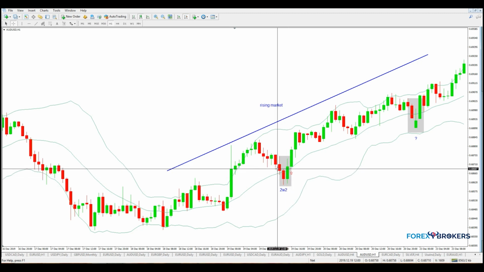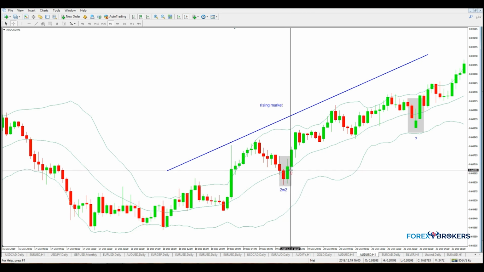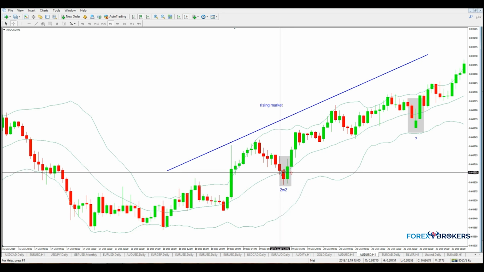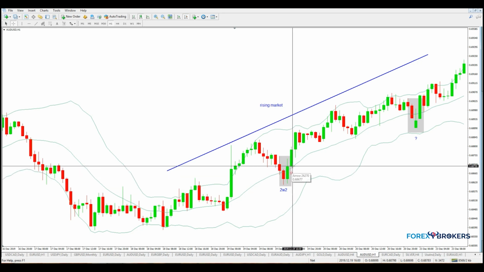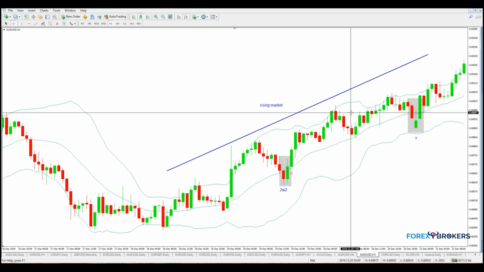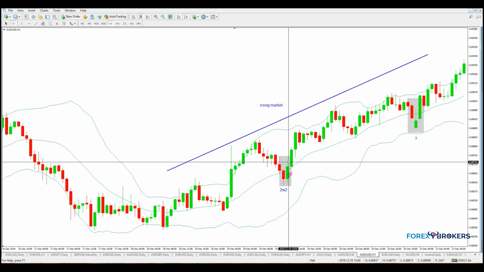And obviously the previous one is red, the last one is green. So 2 red, 2 green, we go on the long side on the second green candlestick to make the most of the rising trend. Ideally you will find out, doing exercises and simply checking historical prices, that there will be little or no pullback after such a pattern.